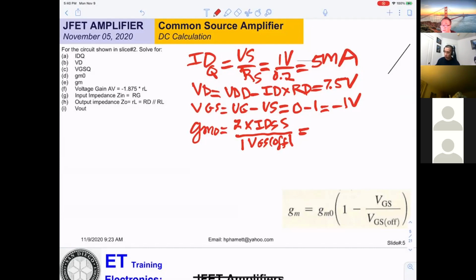Let's see, what is IDSS? 10 milliamps. So basically 2 times 10 divided by VGS(off), which is negative 4, but take the absolute value, 4 volts. That's 5.